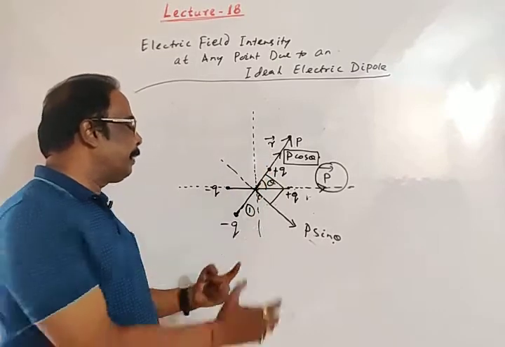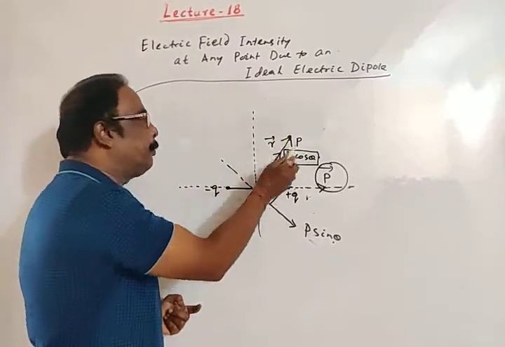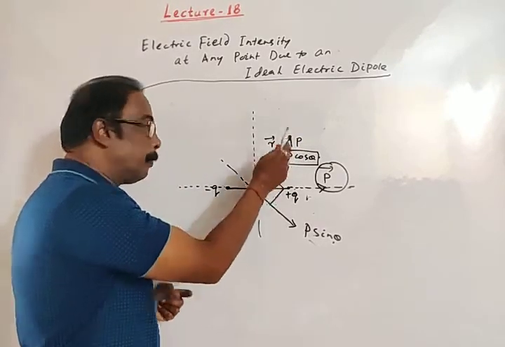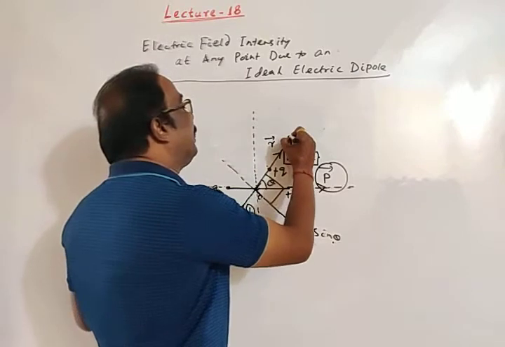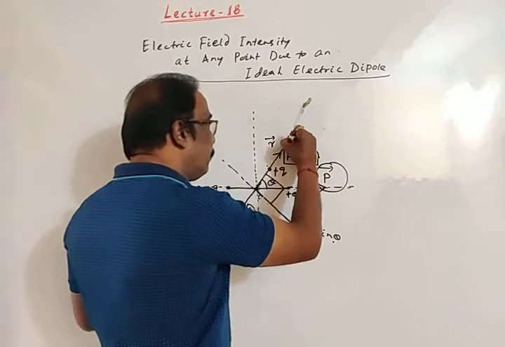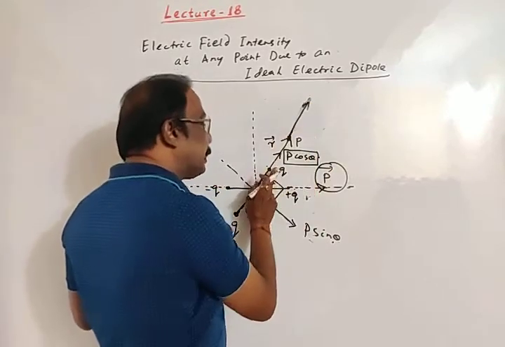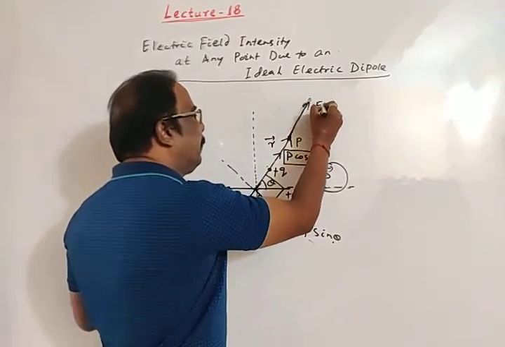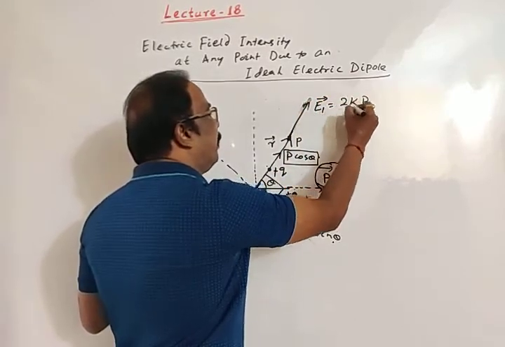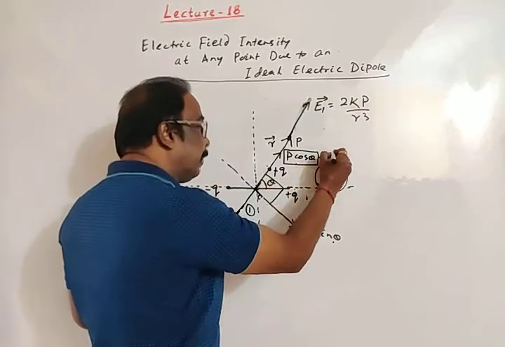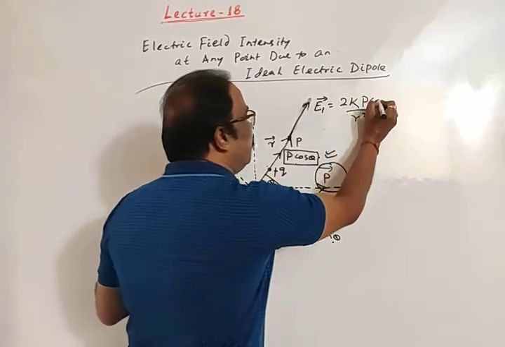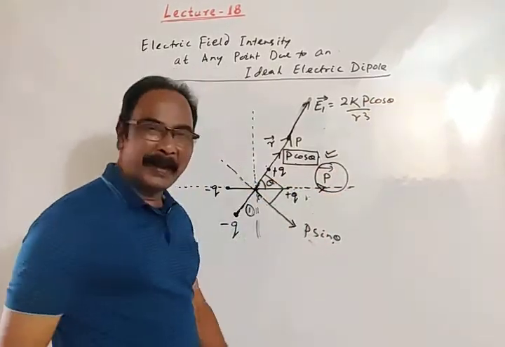Direction of dipole moment is from minus q to plus q, and this point P is on the axial line of this dipole. So obviously electric field intensity at point P will be parallel to dipole moment, along the direction of P cos theta. If electric field intensity is E1, then it will be 2kP by r cube, but here component of dipole moment is P cos theta, so we will take it 2kP cos theta by r cube.